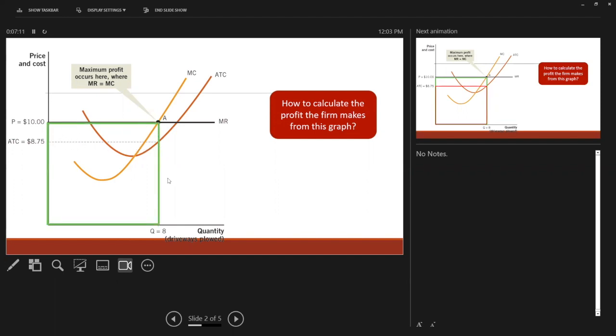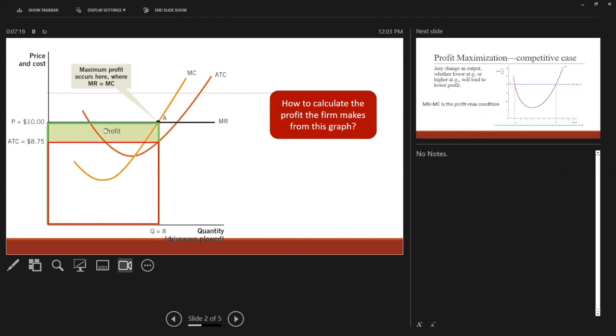So the green rectangle is the revenue, the other rectangle is the cost, and the profit is the difference, which is the last step, the difference between revenue and cost. Here, since the revenue rectangle is bigger than the cost rectangle, that means revenue exceeds cost, you're making a positive gain. The profit is positive, right?